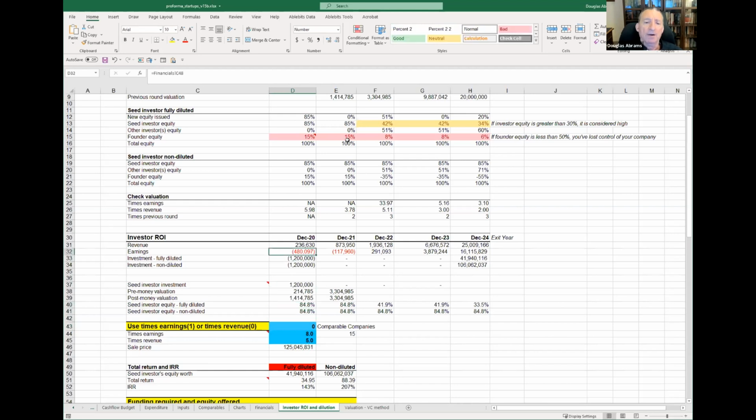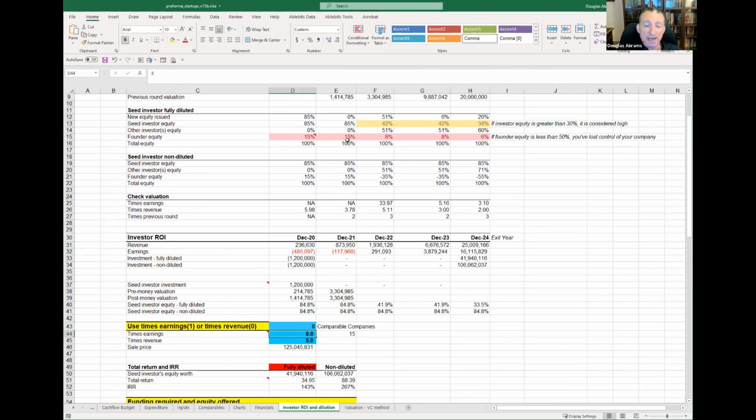And in our model, exit year is 5. So we can see in year 5, this company had 25 million of revenue and 16 million of profit, or earnings. We can determine which we're going to use by adjusting this switch. If this number is 0, we'll use times revenue for the exit multiple. If this number is 1, we'll use times earnings.